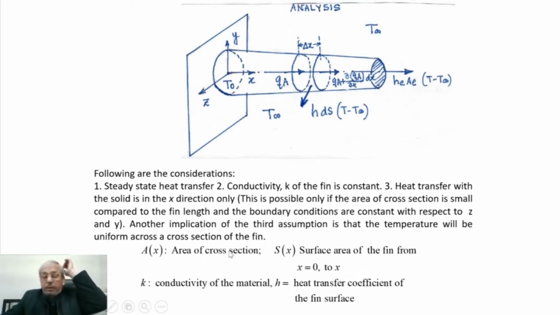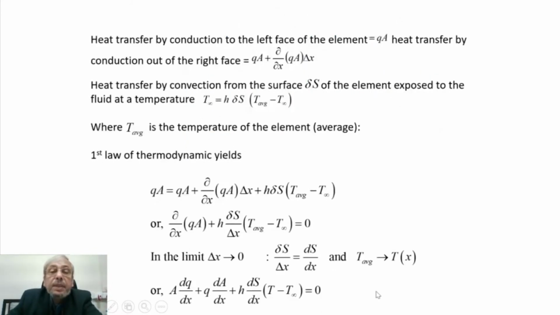So the cross sectional area is given by A(x). It may be a function of x, the cross section may vary. S(x) is the surface area of the fin from x equal to 0 to any given x. k is the conductivity of the material and h is the heat transfer coefficient of the fin surface.